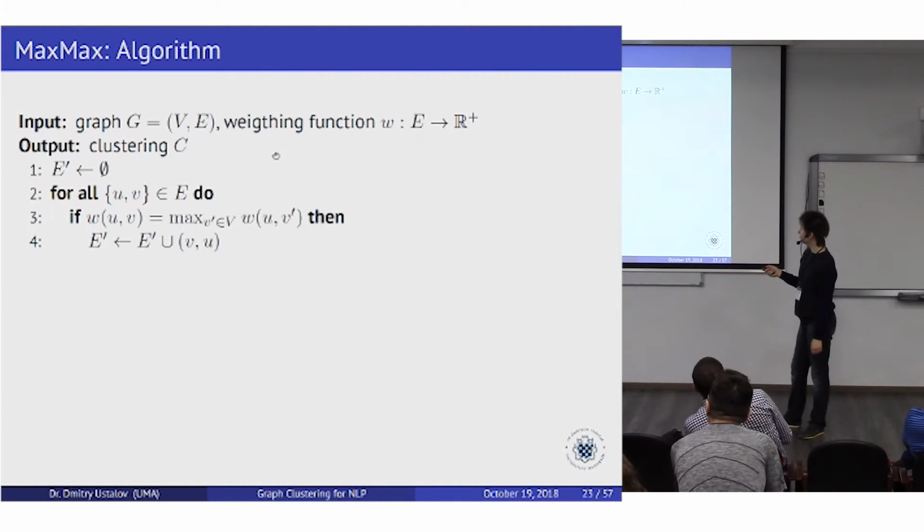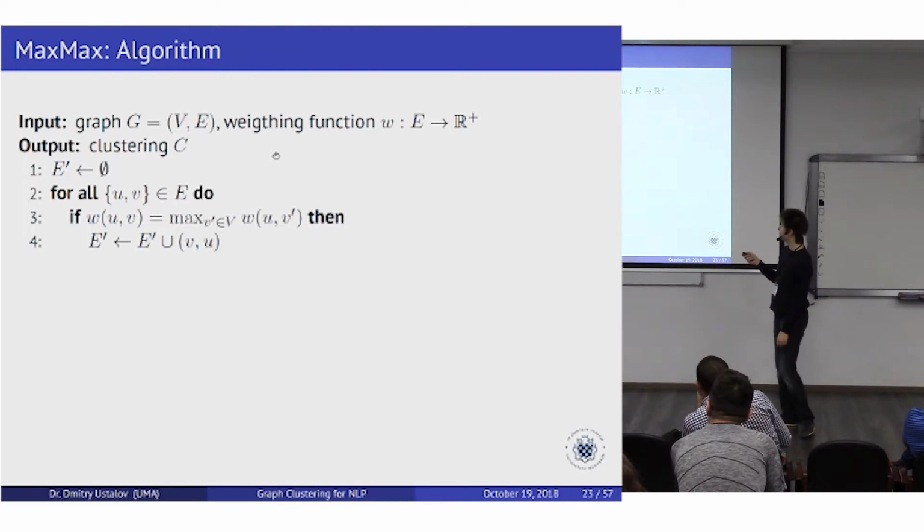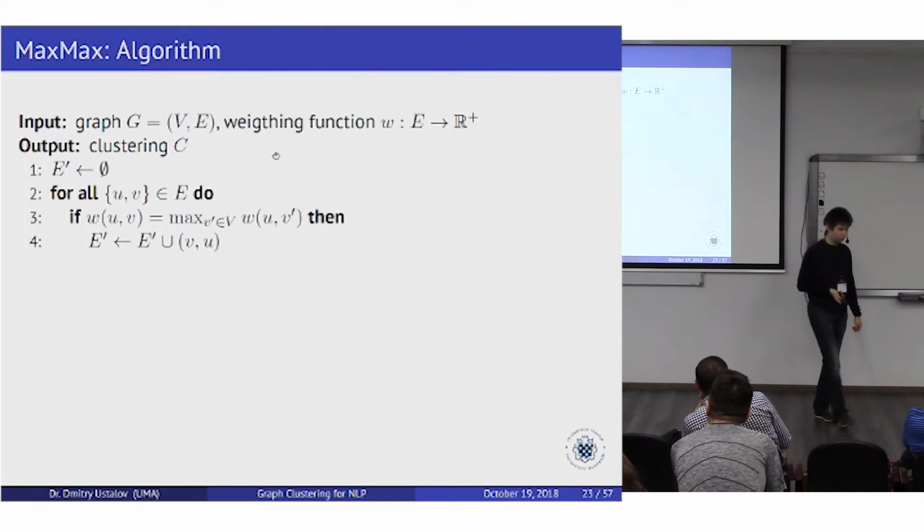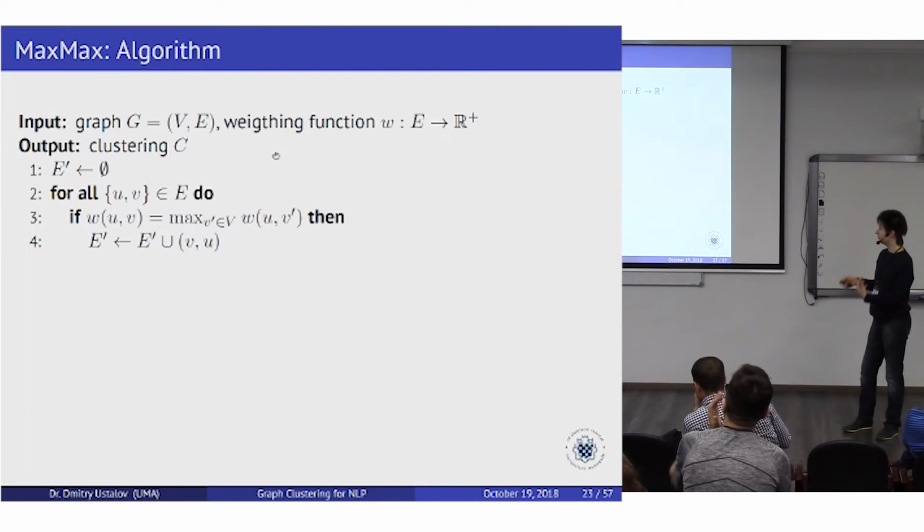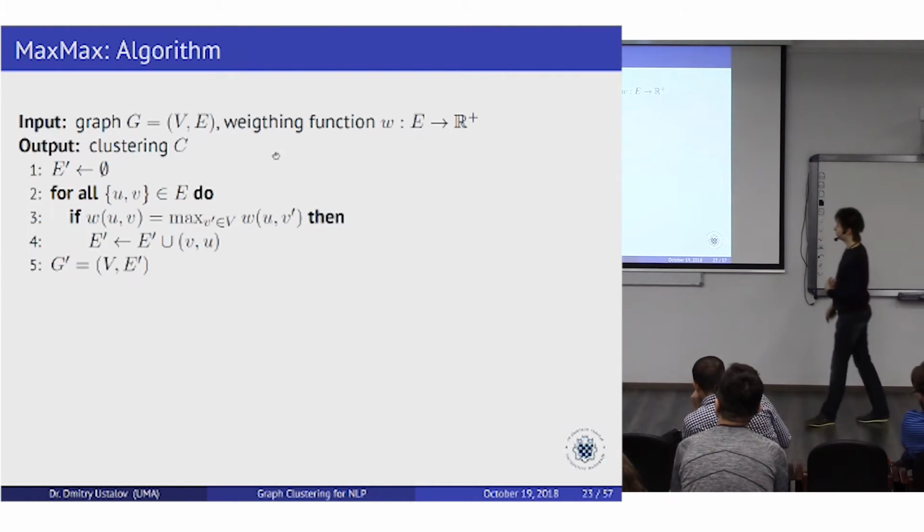So it reduces the number of edges, and the number of edges in E prime is smaller than in the original graph. That's the idea, and that's how it works.